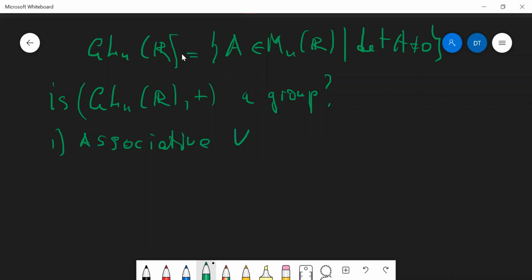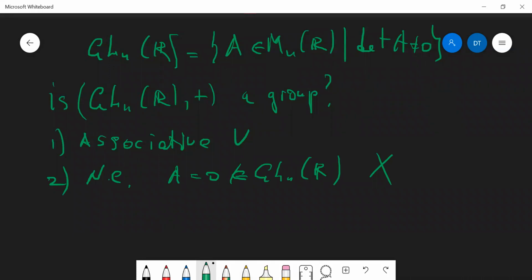Check. The second, neutral element. What is the neutral element here? The zero matrix. Does it belong to the set? No, it doesn't belong to the set. It's not a group.